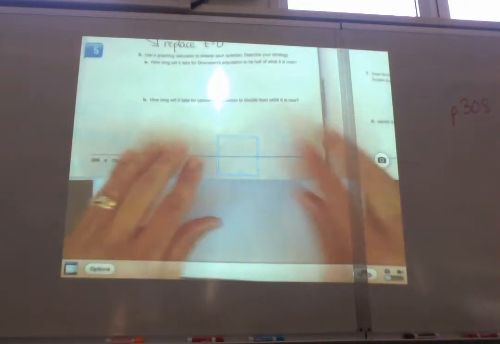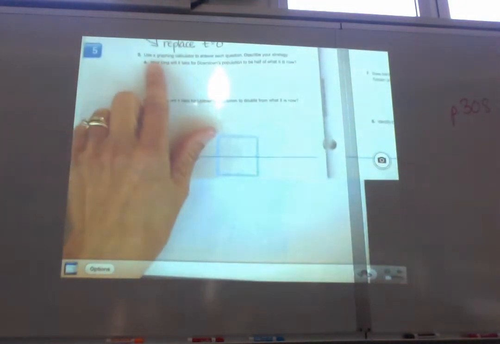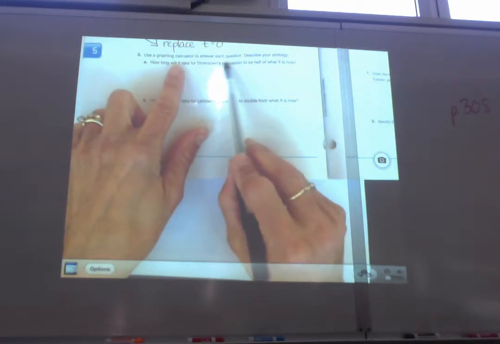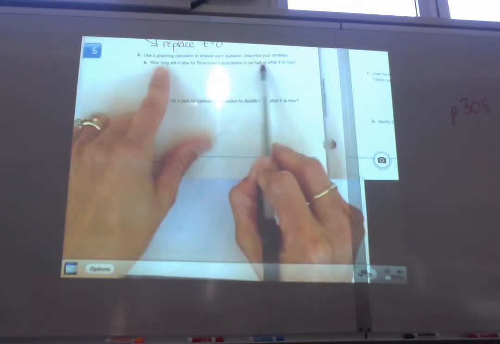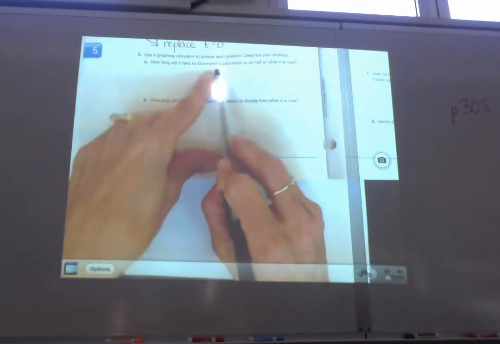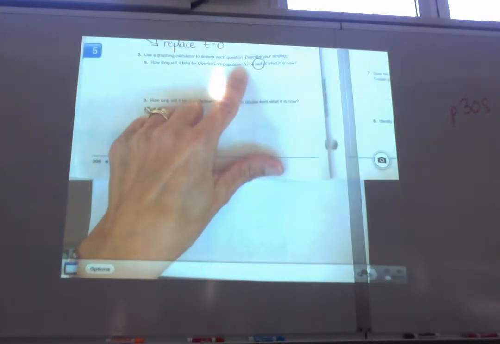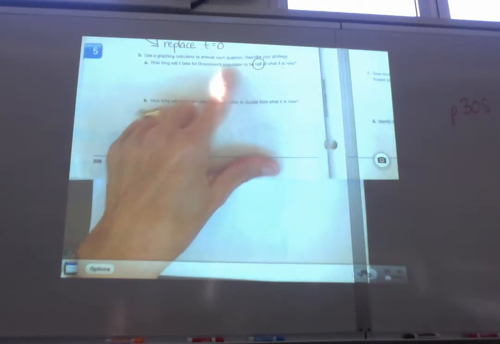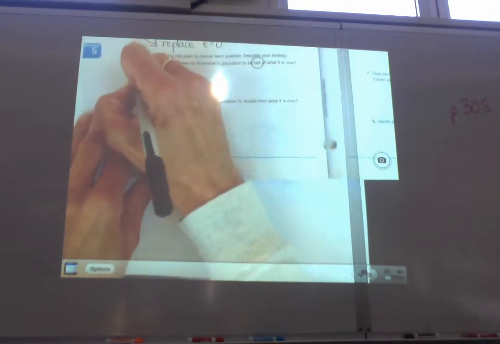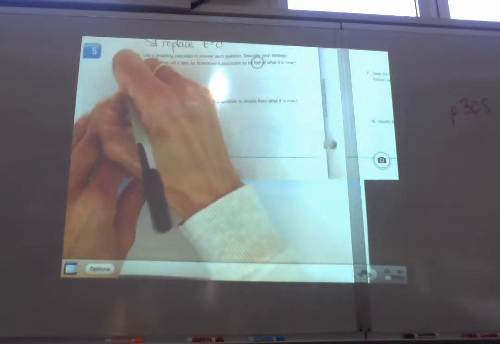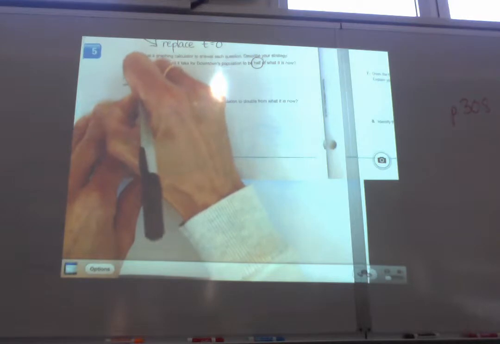Moving along. Number 3. Use a graphing calculator to answer each question. Describe your strategy. How long will it take downtown's population to be half of what it is now? Half of what it is now. So this is downtown, and its population now is 20,000.